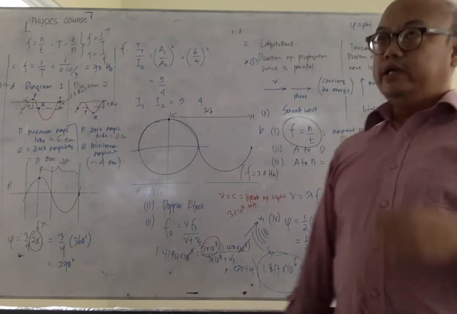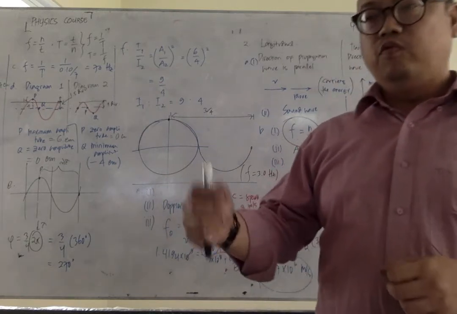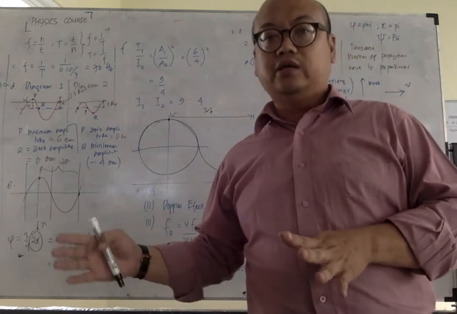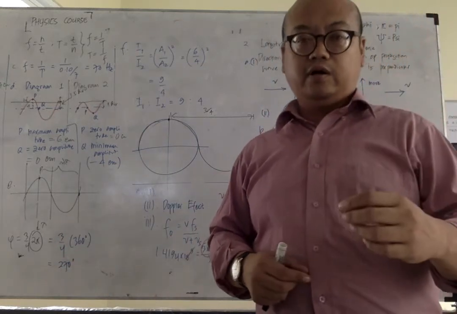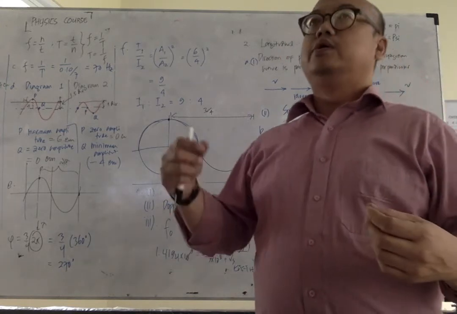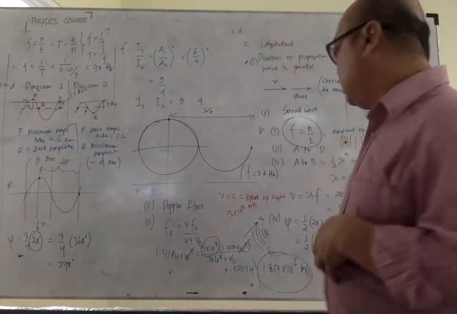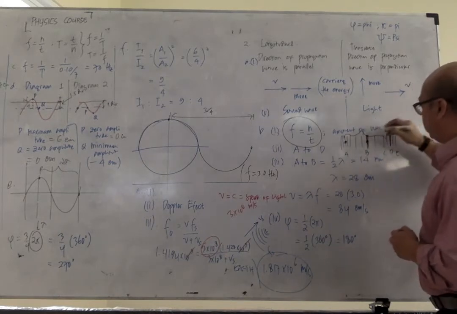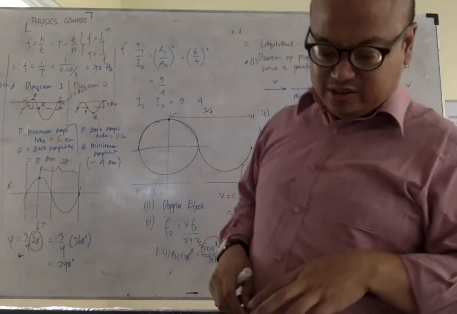It relates to the period: the period is the time from the center of rarefaction to the center of rarefaction, or from compression to compression. That's the meaning. The wavelength equals A to C. This is the wavelength. So, continue to the next number.